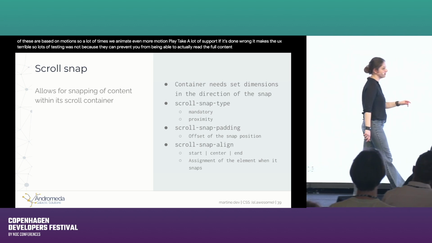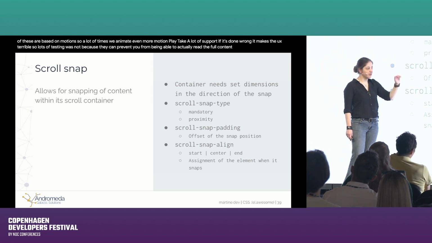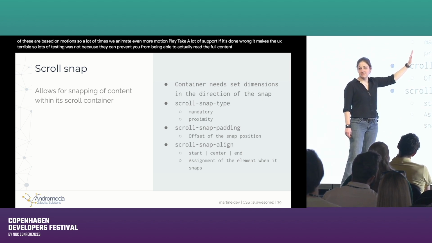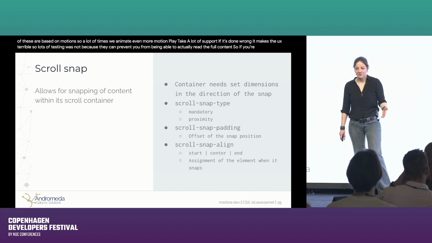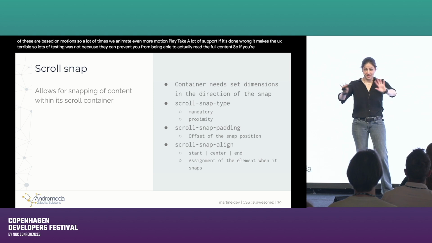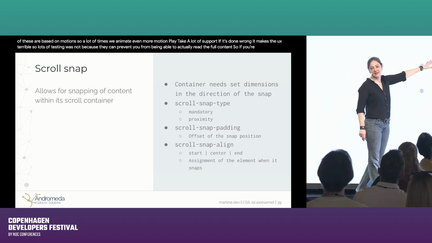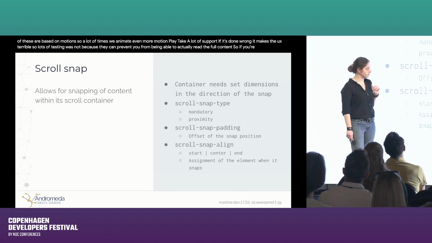So that is where you can end up with some issues with mandatory versus proximity, depending on the size of what it is you're snapping. So if you're snapping an image and you know that your image is 80% of your view width by 50% of your width no matter what, then you're perfectly fine, mandatory all day long. But if you don't know what your size is going to be, proximity is probably a better, safer bet.